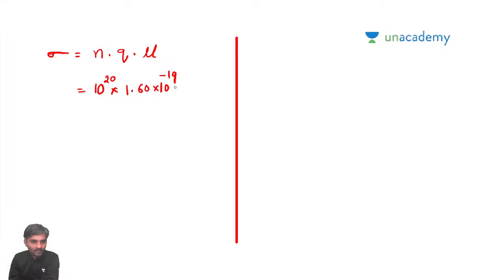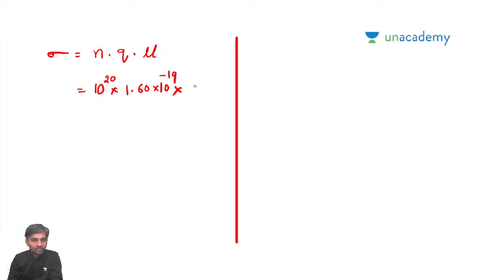The charge of an electron, by default, you should remember. Otherwise, it will be given in the question. If it is given in the question, you should take it as it is. If it is not given, then you should remember the value of the charge of an electron is 1.6 into 10 to the power of minus 19 coulombs.